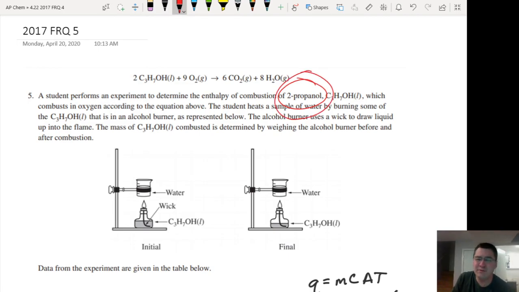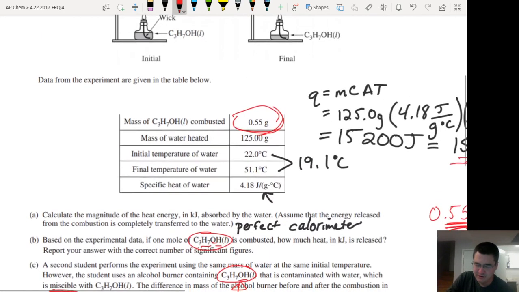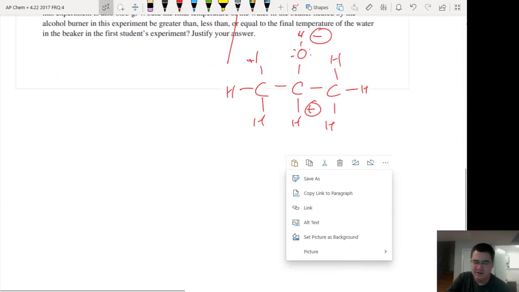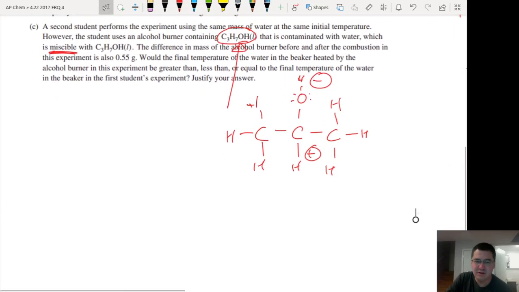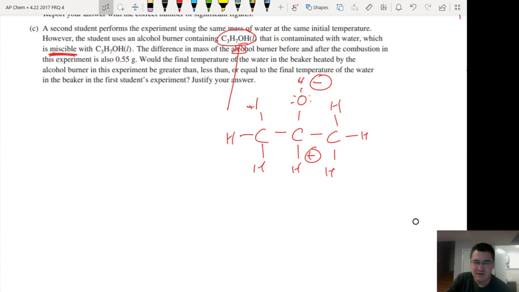Do you remember from nomenclature what the 2 stands for? It's on the second carbon. Yep, if this was carbon 1, 2, 3. Would you consider 2-propanol or 1-propanol, which one would be more polar? 1-propanol.